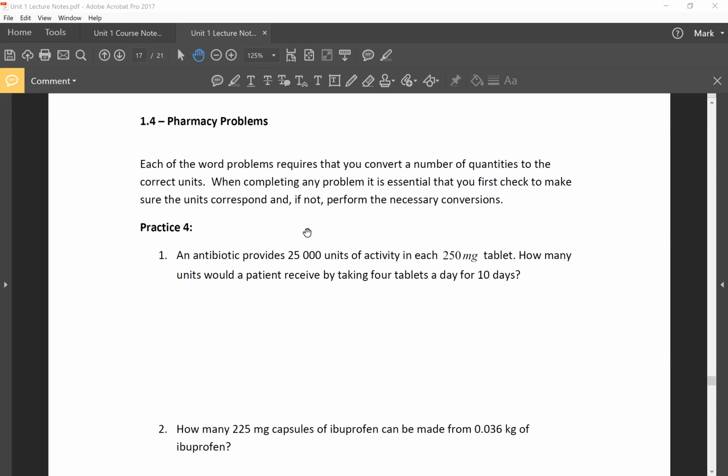So let me read the first problem. In this problem, I'm going to outline some information and then we'll get started with the answer. An antibiotic provides 25,000 units of activity. Now, that's not a term that I use very much in science, but in the pharmacy world, a unit of activity is the chemical in it that acts as the antibiotic.